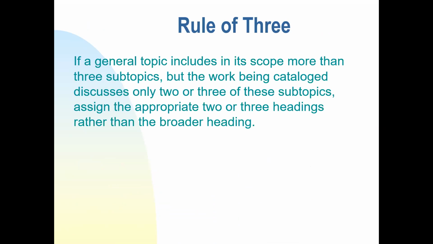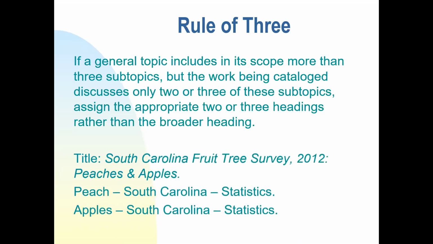Then there's a rule of 3. If a general topic includes in its scope more than 3 subtopics, but the work being cataloged discusses only 2 or 3 of those subtopics, assign the appropriate 2 or 3 headings rather than the broader heading. And the example here is South Carolina Fruit Tree Survey 2012, peaches and apples.